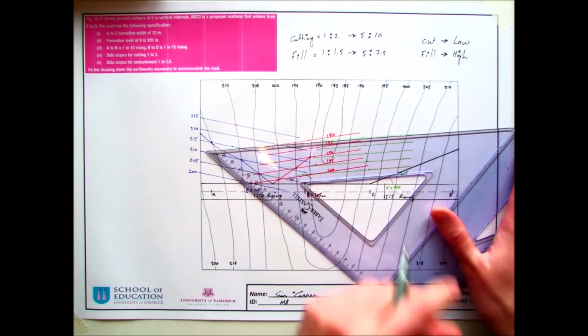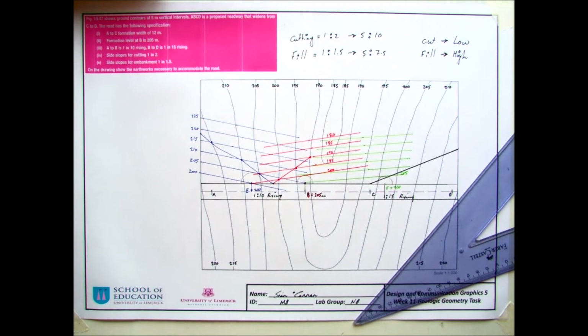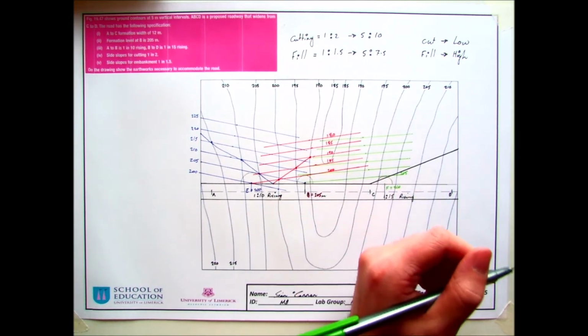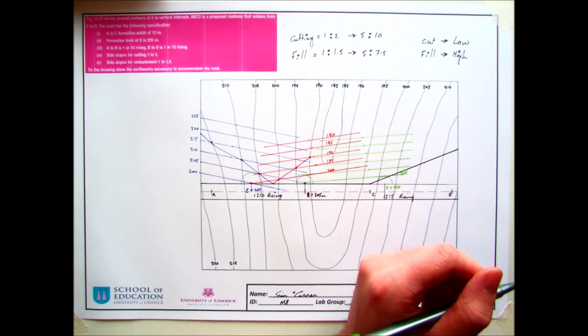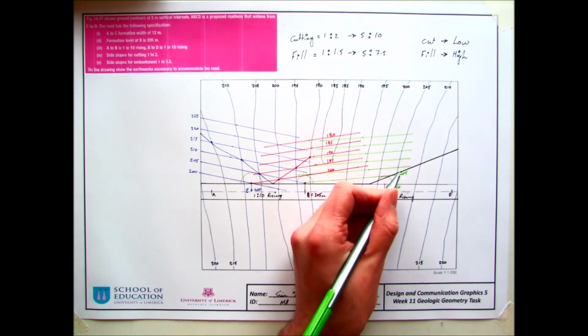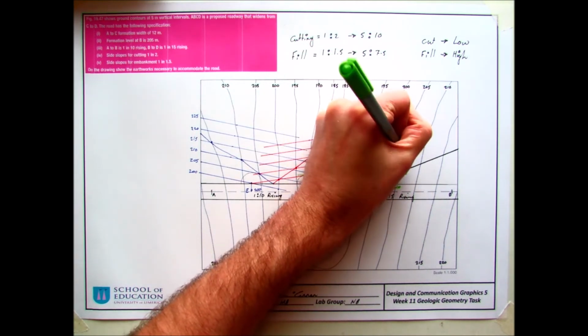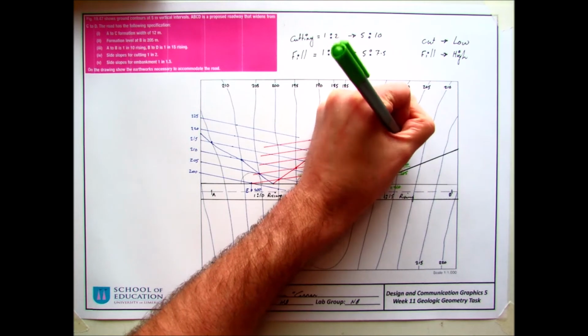Even if you use colouring pencils, you can somewhat rub them out if you do have a mistake, and it can be very handy having the different colours just to identify the different lines. So this is 210, 205, 200, 195, 190.